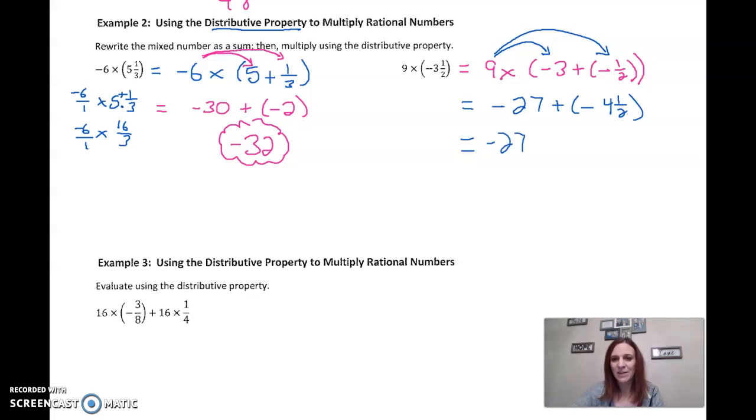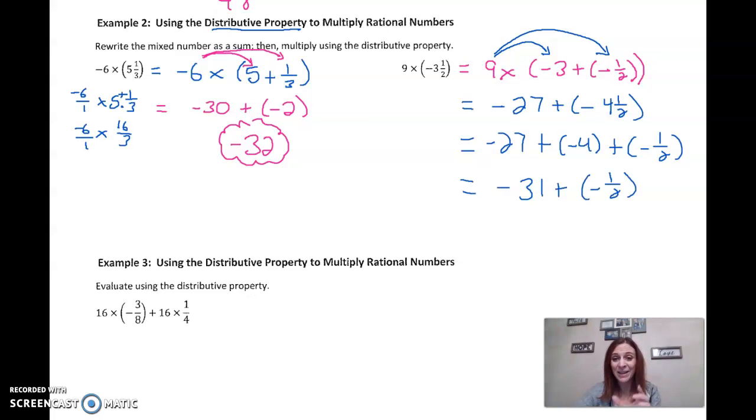This is -27 plus, let's break this down again. Let's break this down into -4 plus a -1/2. Remember, again, breaking apart those mixed numbers actually makes problems easier for us, because then I can go, what's -27 plus -4? Negative plus a negative is going to be a negative. That's -31 plus a -1/2.